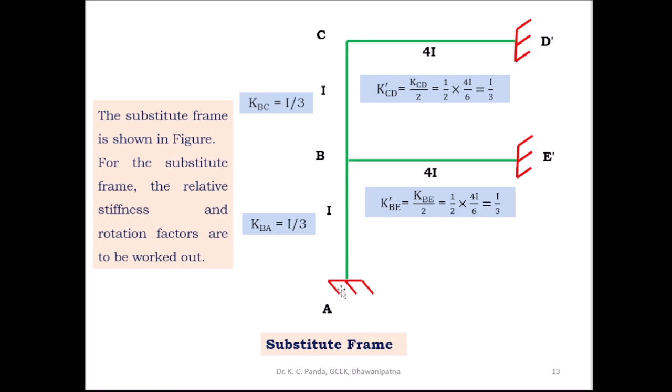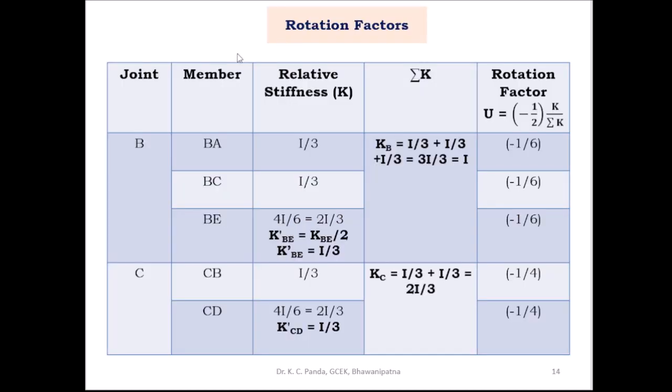Then for the vertical member AB, the relative stiffness KBA is equal to I by 3, and for the vertical member BC, KBC is equal to I by 3. So these are the relative stiffnesses of the substitute frame. Here you find the rotation factor of all the members in tabular form.